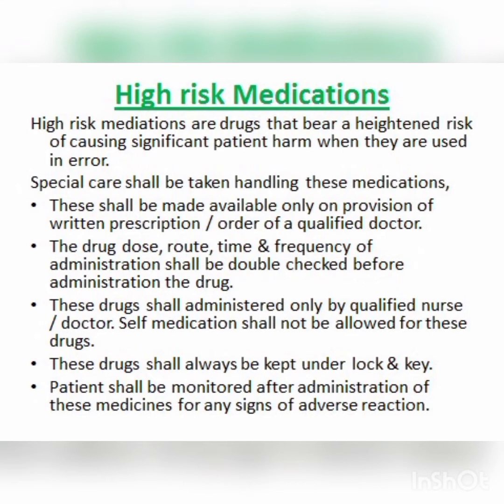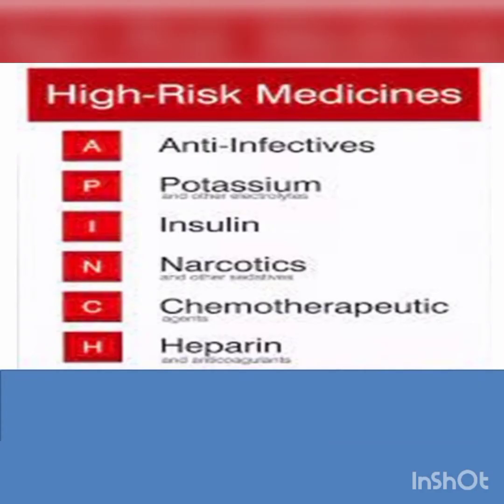So this is regarding high-risk medication. You can see the list of high-risk medications. So what are all the high-risk medications? A stands for anti-infective drugs, P stands for potassium, I stands for insulin, N stands for narcotics, C stands for chemotherapeutic agents, H stands for heparin. So these are all the main high-risk medication list.